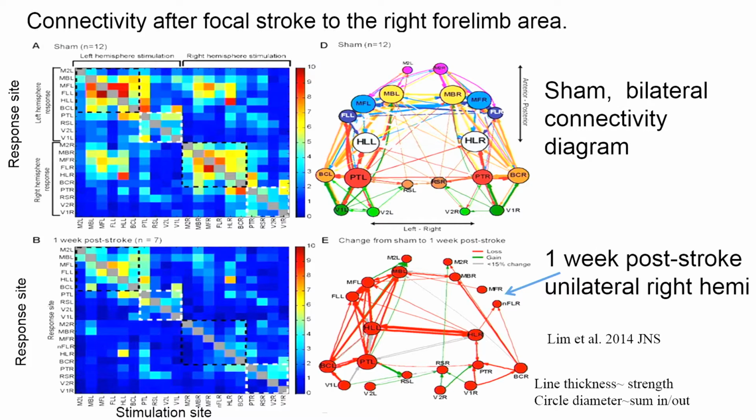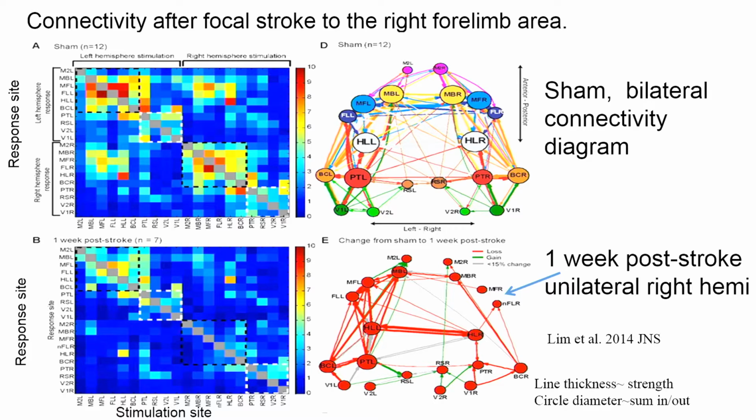So we just asked a simple question. We make a connectivity diagram before stroke or in a sham stroke case. And so now this is both hemispheres, and the arrows correspond to connections between areas. And all you need to know here is we make a stroke on the right side of the brain. And so we use a light-activated method to make a very defined stroke within the forelimb somatosensory area.